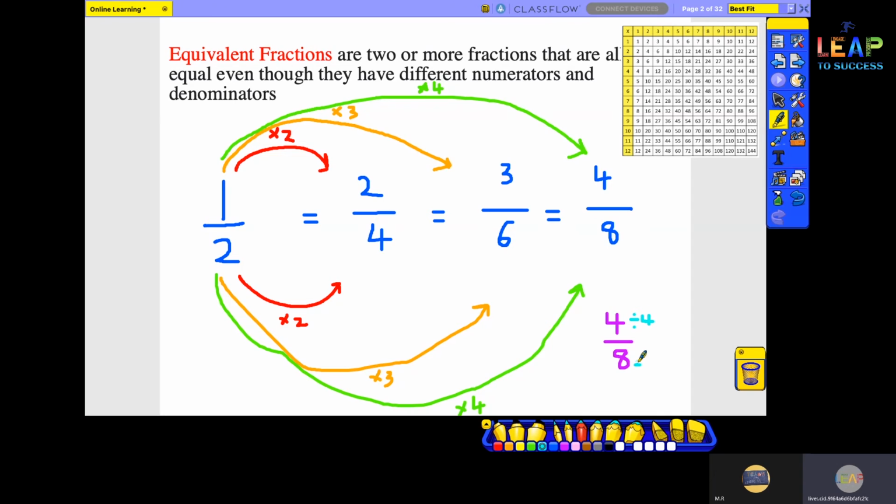So you can divide both numbers by 4. 4 divided by 4 gives you 1, and 8 divided by 4 gives you 2. So this clearly shows that when you simplify each of these fractions, you get the fraction that you started with, which is a half. Therefore, equivalent fractions.